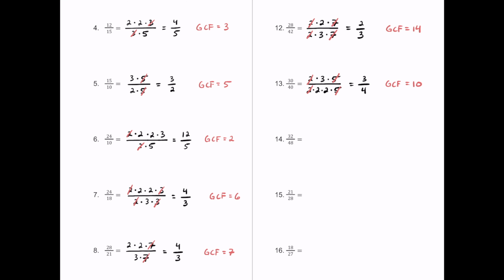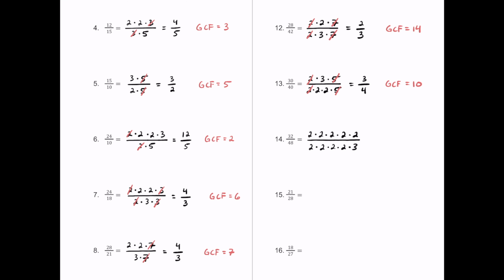For number 14, we have 32 over 48. 32 is an interesting one. I know off the top of my head it's going to be 5 2s. I've just done it enough times. If you need to make a tree, go for it, or you can also memorize that for the future. 48 is 2 times 24, but then we did 24 a bunch of times. 24 is just 3 2s and a 3.